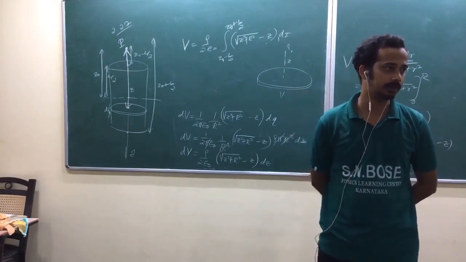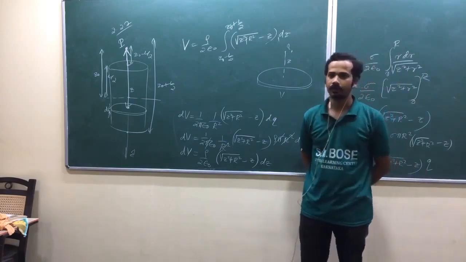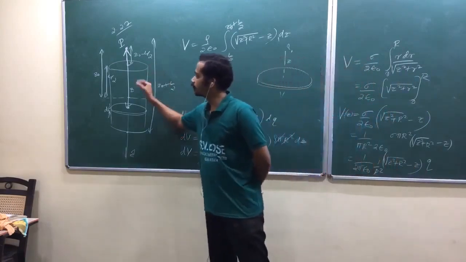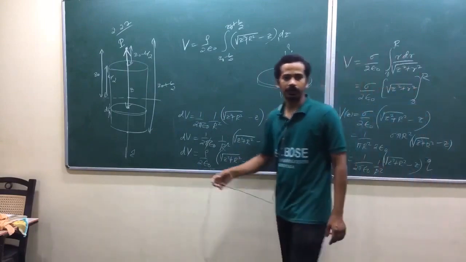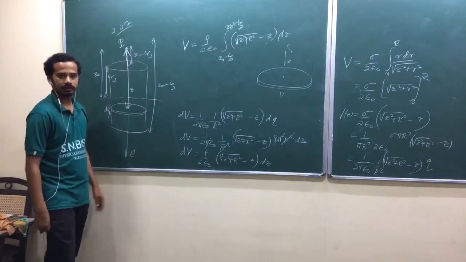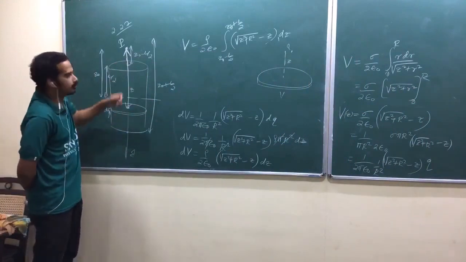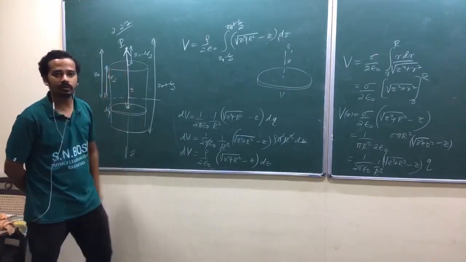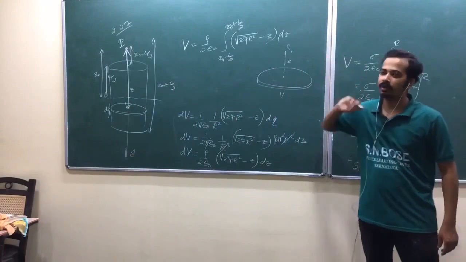Just go back and check it out. If you are integrating, you have to make that dz positive. Are you getting my point? When you are moving from here to here, your z is decreasing, am I right? When z is decreasing, change in z, dz, will be negative. When you move from here to here, dz will be positive. Or you can put mod dz.